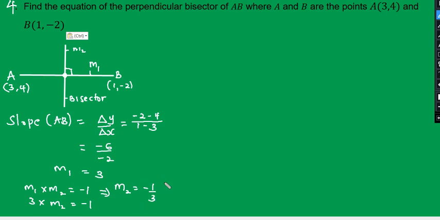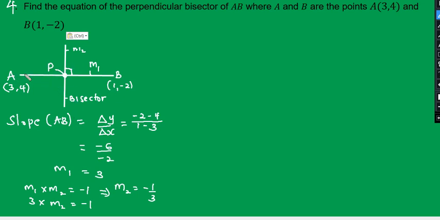The good news is I have got the gradient of my bisector. Now I need to find any point on the line. Since this bisector meets line AB in the middle, I can get this coordinate. Let me call it P.